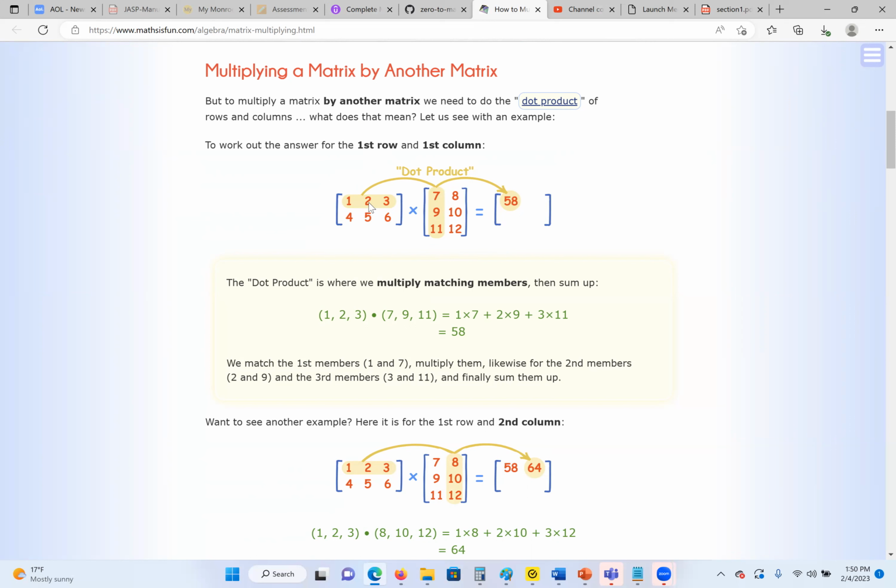Again, the first matrix on your left, the number of columns is what? 1, 2, 3. The second matrix to my right, the number of rows is what? 1, 2, 3. So this will work. The reason why is that we are going to take the first row of the first matrix on my left, and multiply each element with each element in the first column of the second matrix.